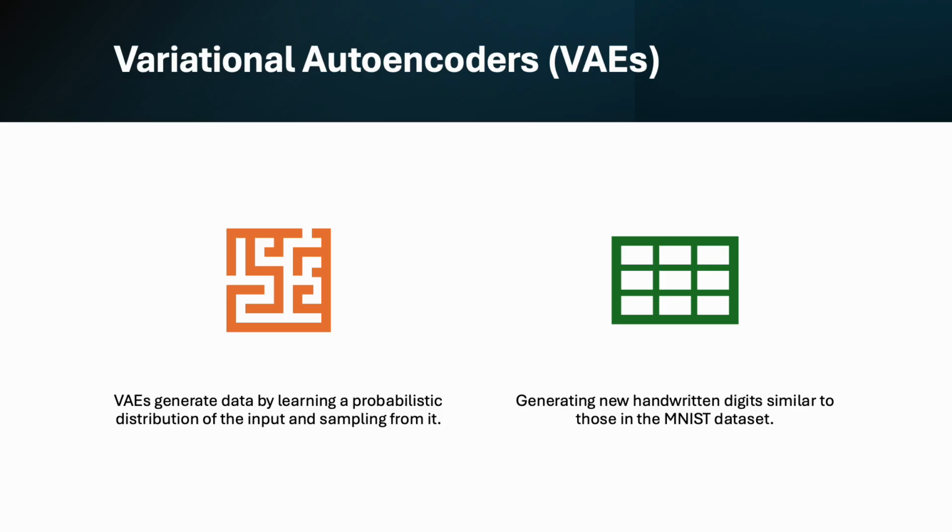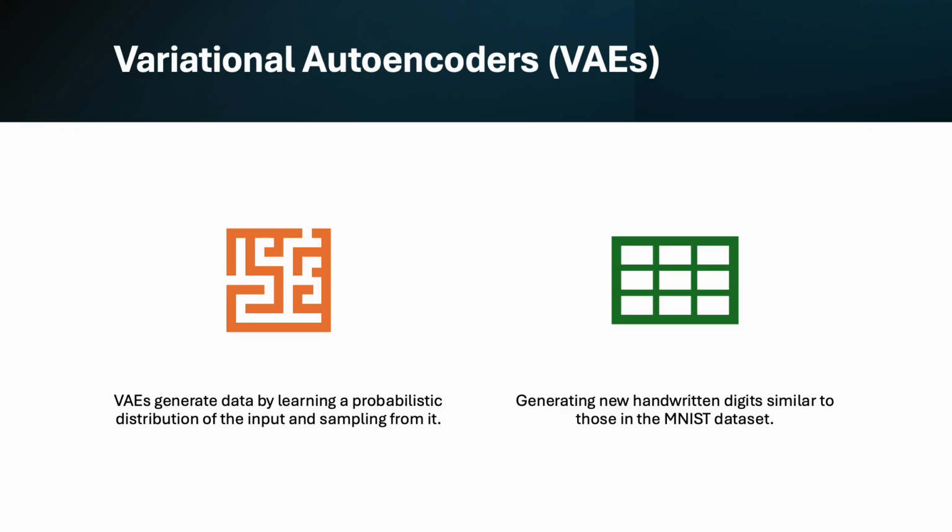Variational autoencoders, also known as VAEs, are a class of deep generative models that combine the principles of neural networks with probabilistic modeling to generate new data samples. Unlike traditional autoencoders, which focus on reconstructing input data, VAEs introduce a probabilistic twist by learning the underlying distribution of the data.